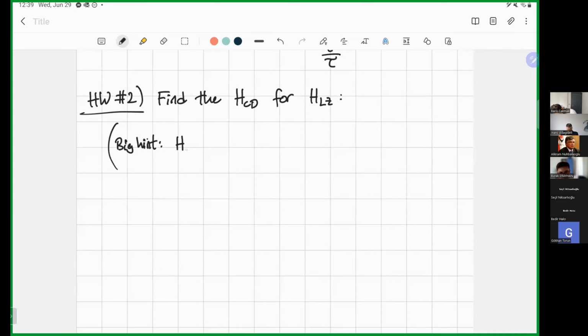If you like, it's a big hint, HCD would be equal to i h bar times psi plus, the time derivative of the Hamiltonian HLZ, and psi minus, and you divide this by E minus minus E plus.